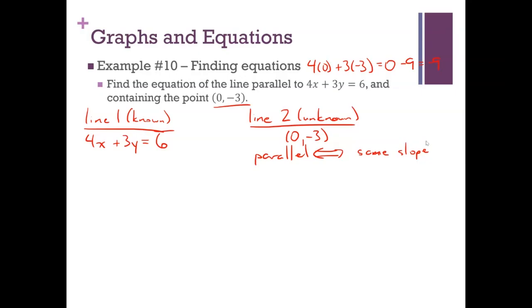What is the slope of line 1? What's that? It's not 6. Right now we can't know what it is until we do something else. So what do we need to do to that equation to figure out the slope?